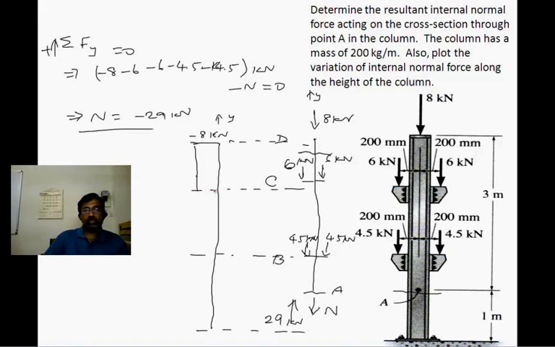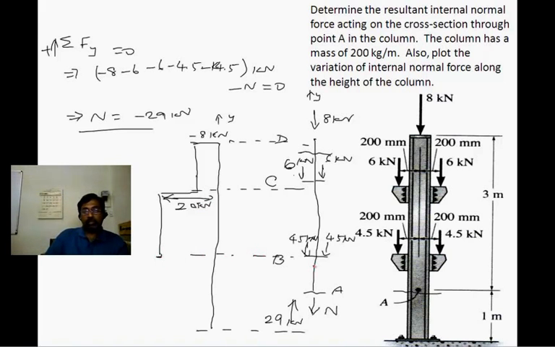Once I reach this point, there are two 6 kilonewton forces additionally adding up, which means this will get into 20 kilonewton. So this is 20 kilonewton.